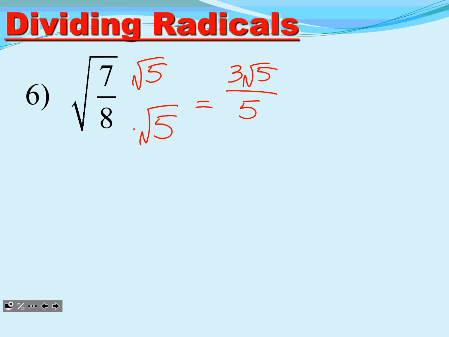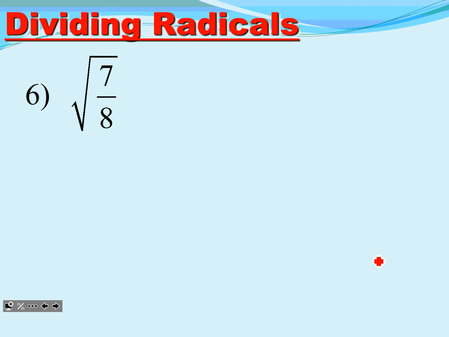So for number 6, there are so many ways to go about doing this. Some of you might do it a different way than I have done. Go ahead and do it that way. So what I'll do is separate them. Root 7 over root 8. What I do know is I can simplify root 8. That then becomes root 7 over 2 root 2.